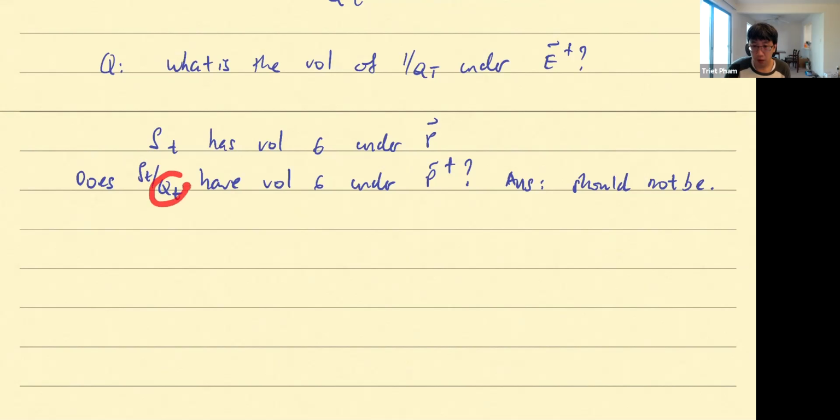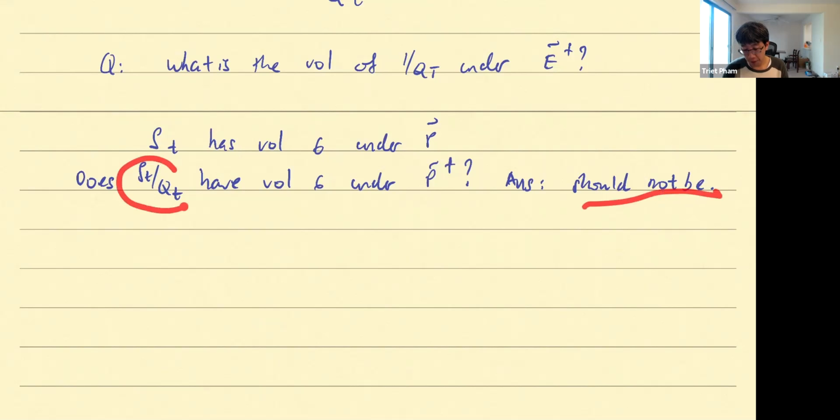But QT, the exchange rate itself, is also stochastic. QT also has its own volatility. So when you convert like this, you combine the two sources of volatility: the stock itself and the exchange rate itself. So you don't expect that when you combine like this, the volatility level stays the same. You understand? So at least intuitively, that should not be.